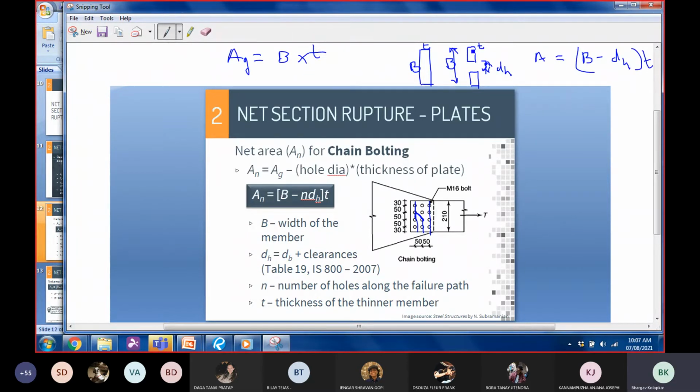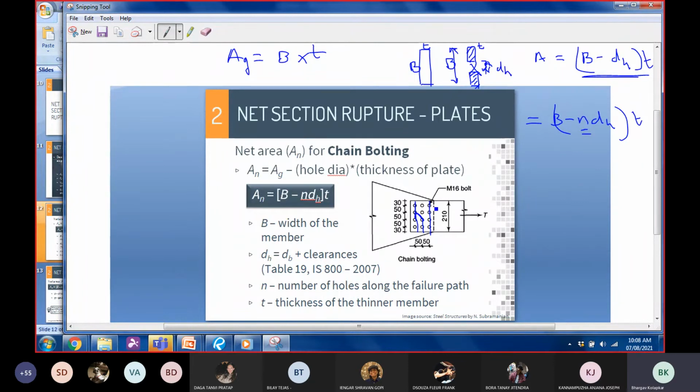Now we are reducing this area. We are concerned about this area only. This area is not there. So we reduce this. This is b minus dh times t. So this is the net area. What if we have multiple bolts? In that case, the formula would be b minus n times dh times t, where this n is the number of bolts along that path.